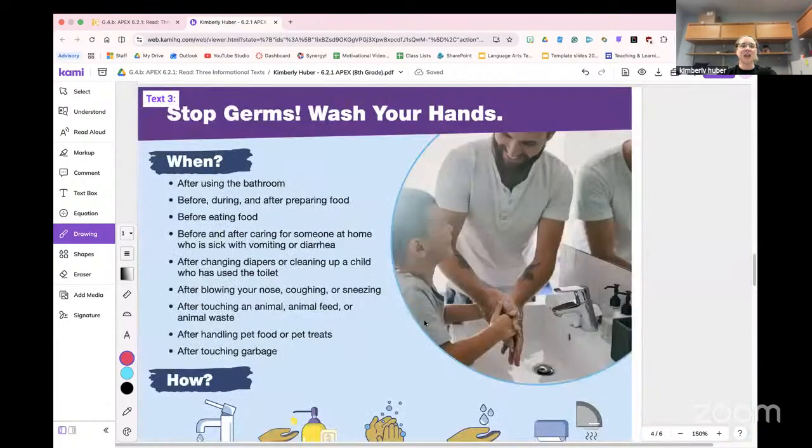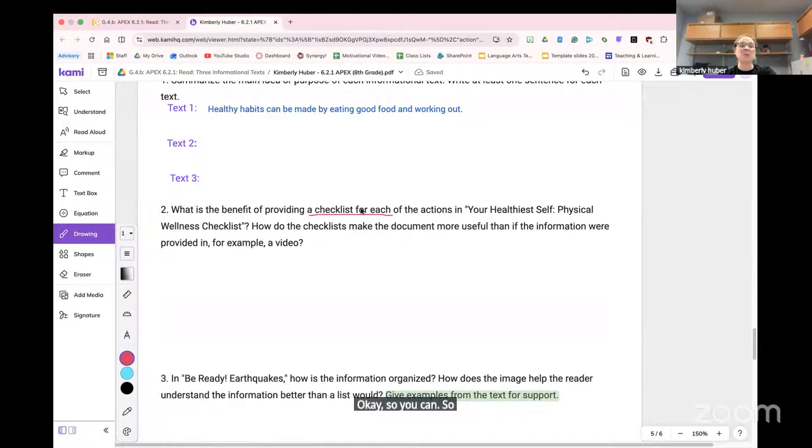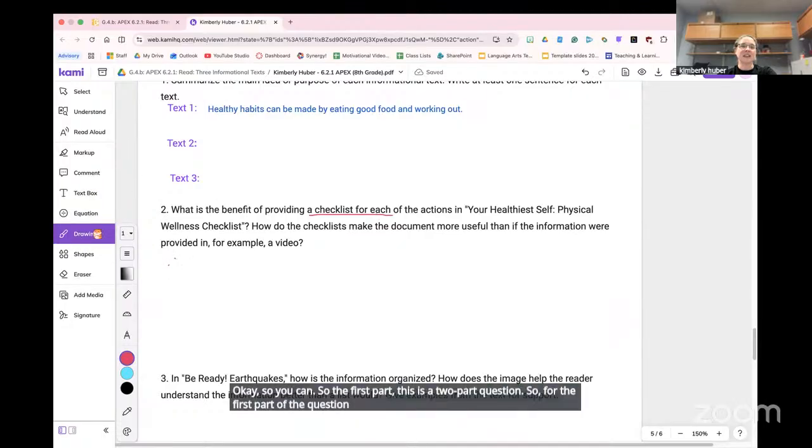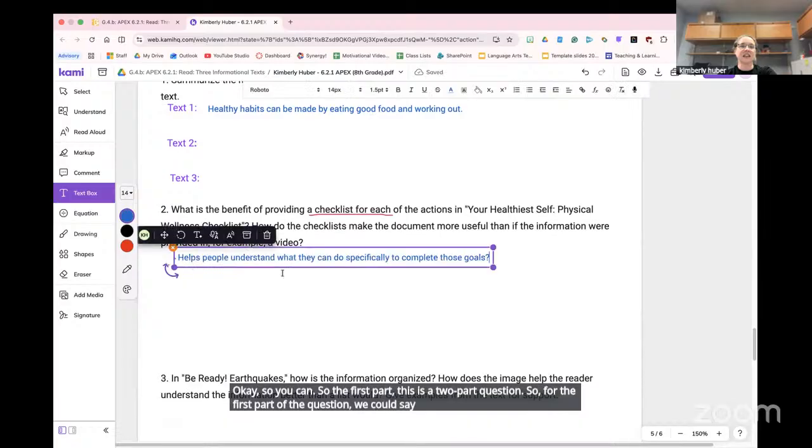Okay, so this is a 2-part question. For the first part, we could say something like JD said, helps people understand those specific goals. We could say something like Allie said, to keep track of what you can do.